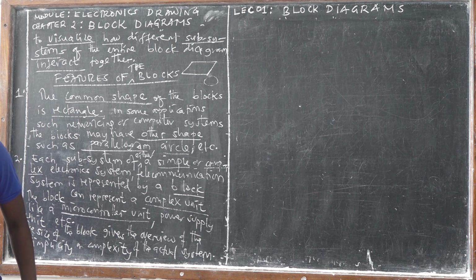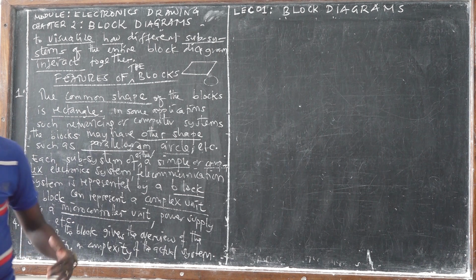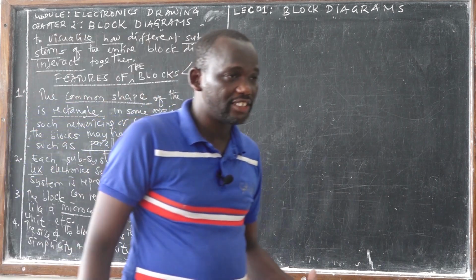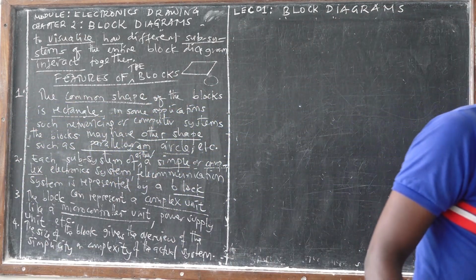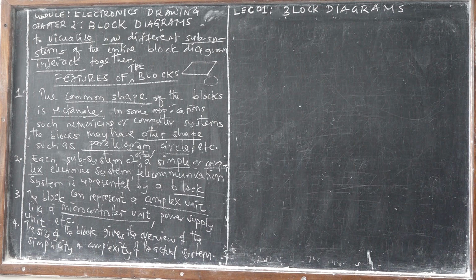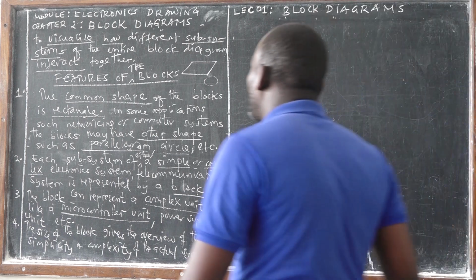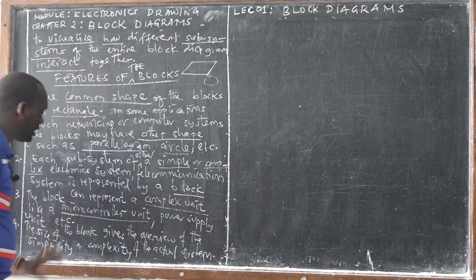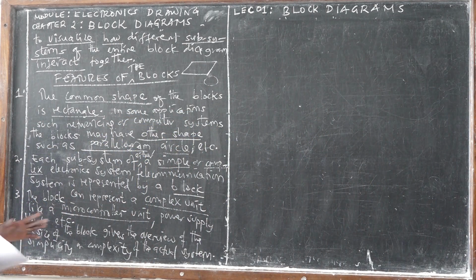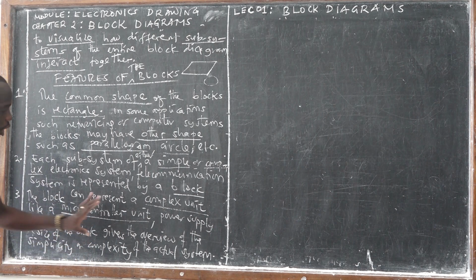For instance, the digestive system: there are so many organs responsible for digestion, isn't it? So we say the digestive system is complex, with a number of organs within it, but you may represent it as a single simple block. So it is a complex unit.